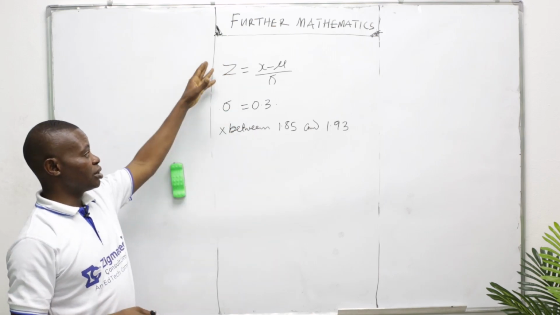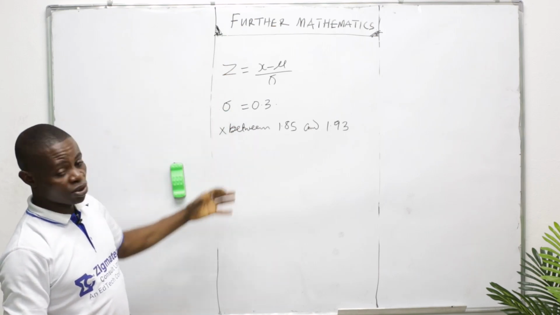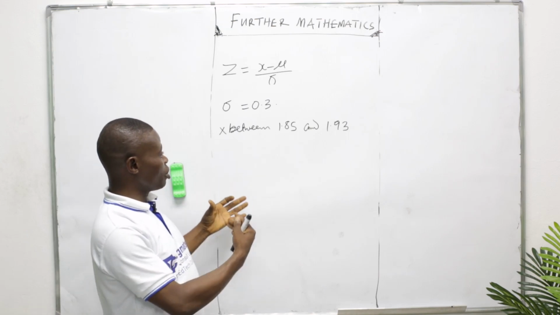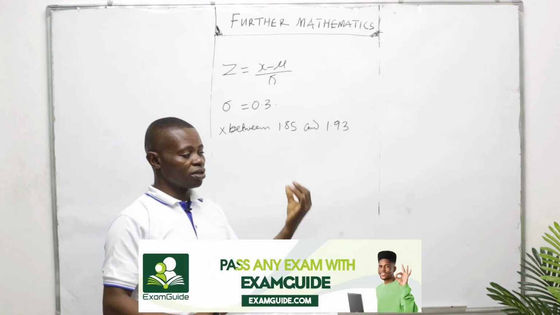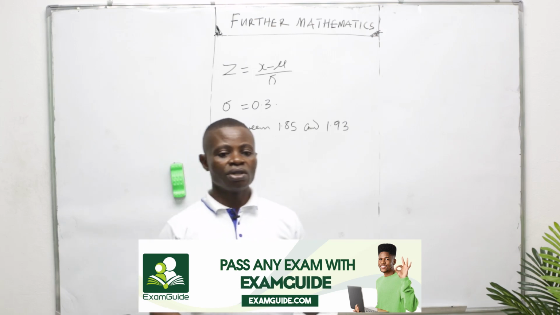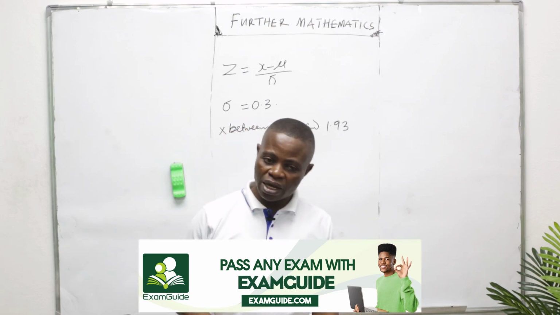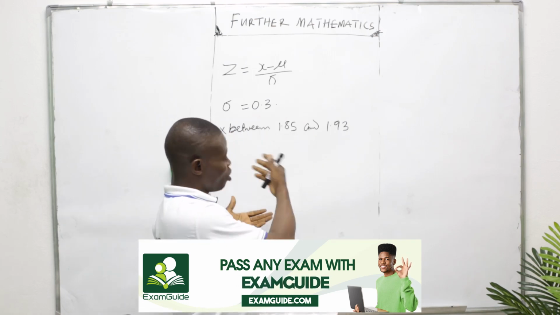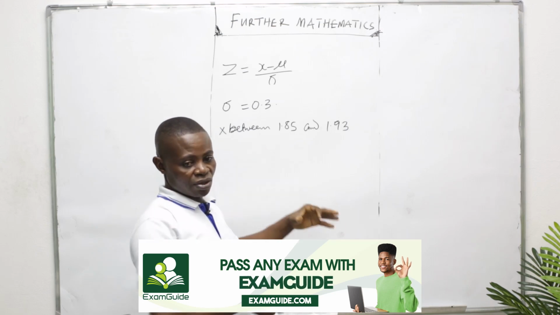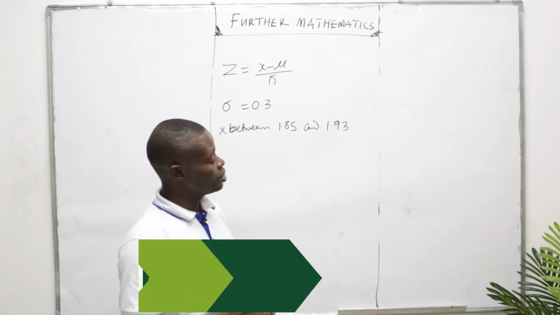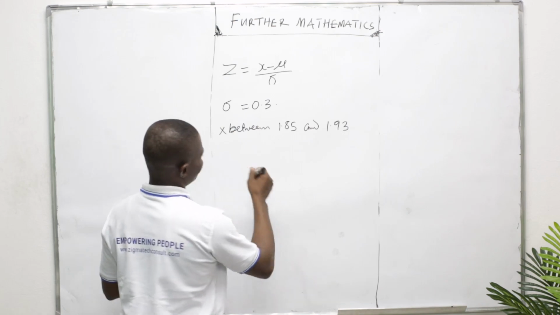Okay, let me just set this up for you, but I want you to get the normal distribution table. If you can, just Google it. You see the normal distribution table online. Then open it up and trace the values of whatever you're going to get here now. But let me just set it up for you.